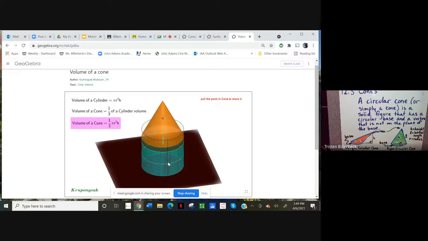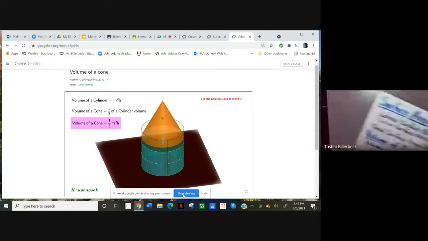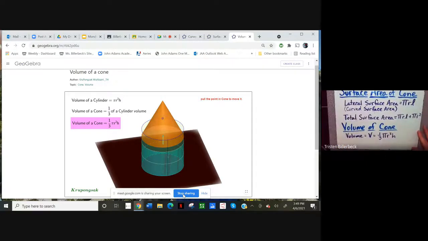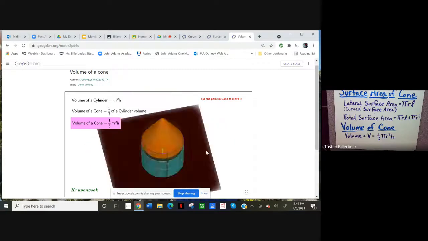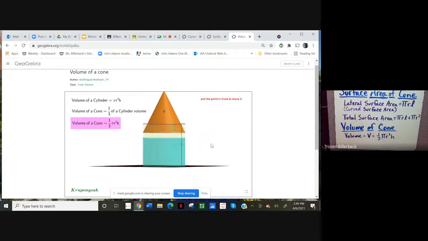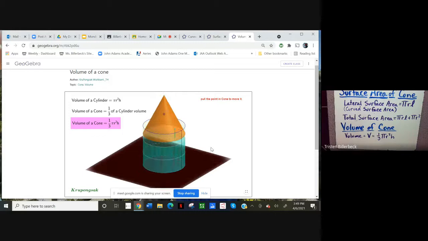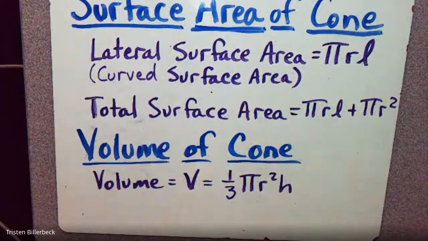So the volume of the cone is 1/3 pi r squared h. Unfortunately they don't have any fancy things to do with this one, except you get to move this around. Okay, so that's all there is for that net. Let's go back to the lesson.